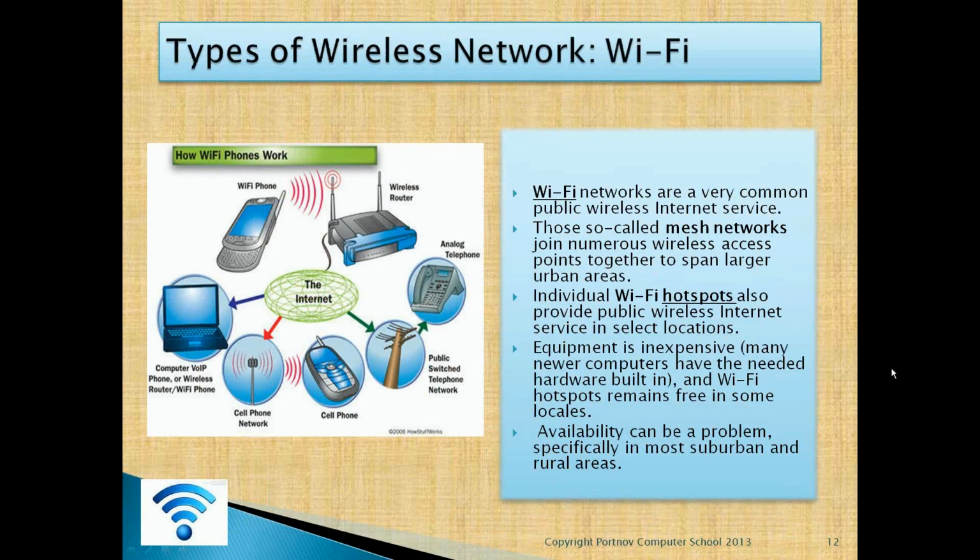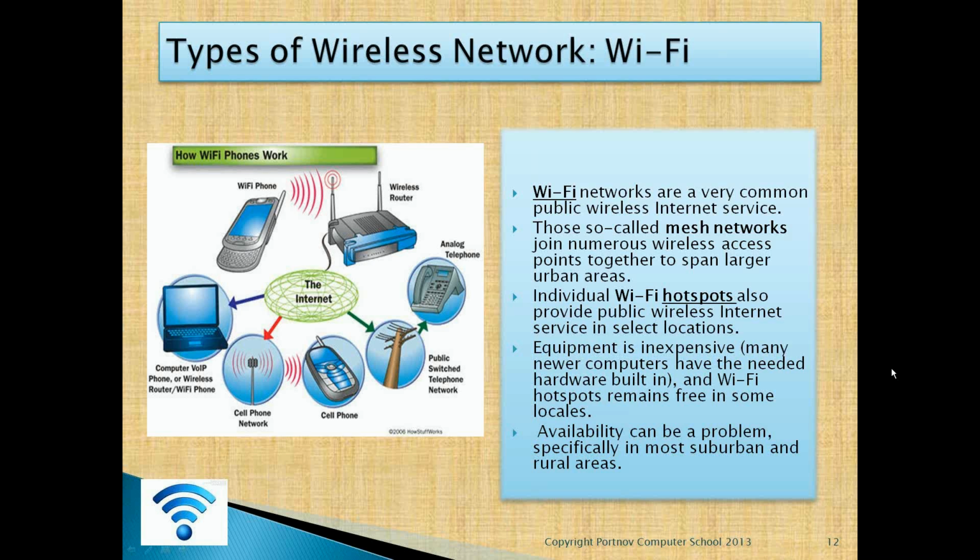Another very common type of wireless network is Wi-Fi. Everybody knows this, and it's a so-called mesh network, which is just a combination of enormous small points, antennas, which transmit and accelerate radio waves, different frequencies, from point to point.